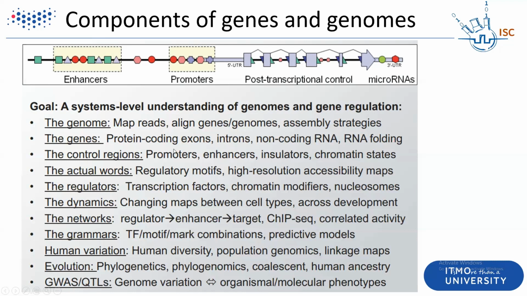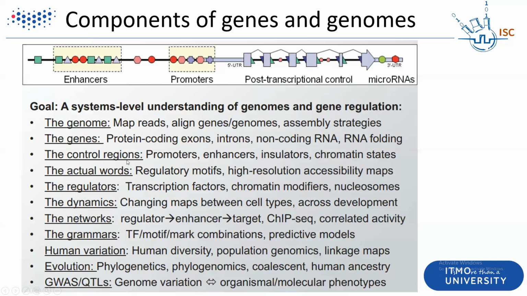Then you have genes for encoding exons, introns, non-coding RNA, and RNA folding. Most of the time, if you are interested in a protein, you will probably look at the protein encoding exons, where the sequence of the protein is encoded. So modifying or mutating this, you could also mutate the protein.